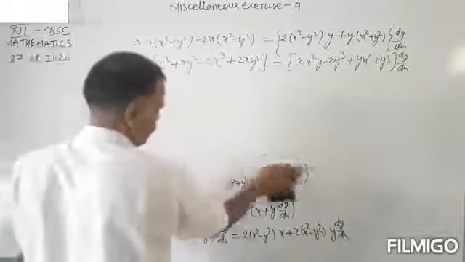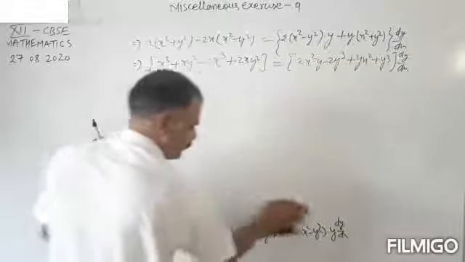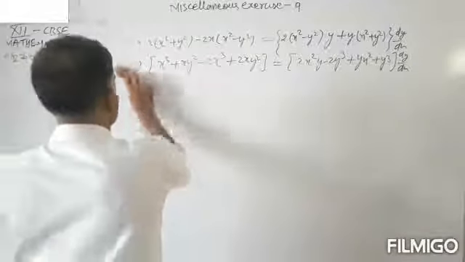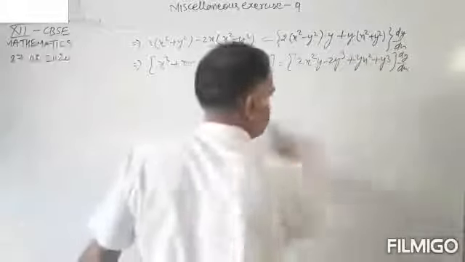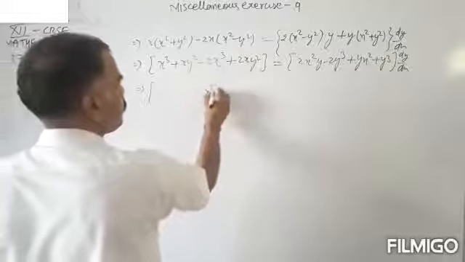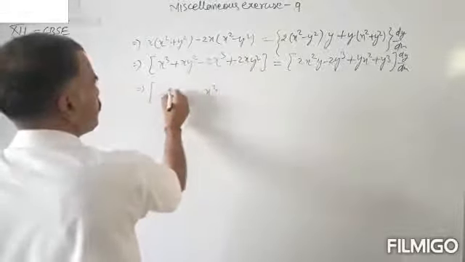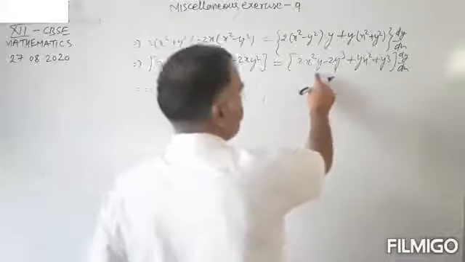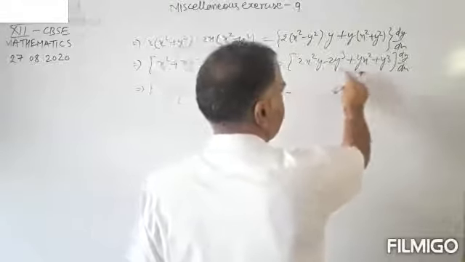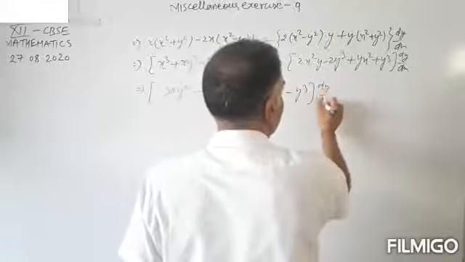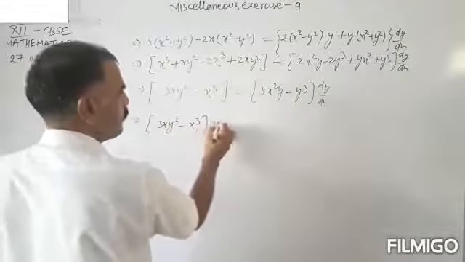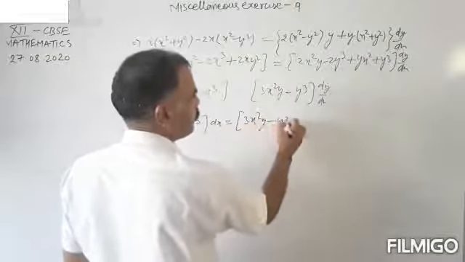Now simplifying the given equation, we will have x cube minus 2x cube, that is minus x cube, plus 2xy square, that is 3xy square, equal to 3x square y minus y cube dy upon dx, or it can be written as (3xy square minus x cube) dx is equal to (3x square y minus y cube) dy.